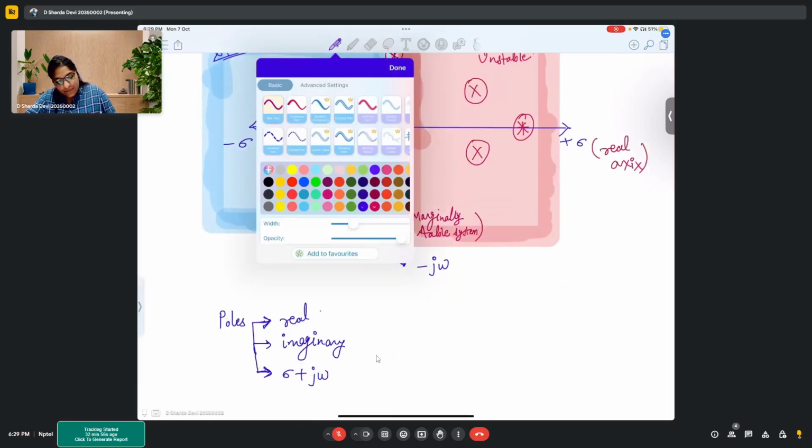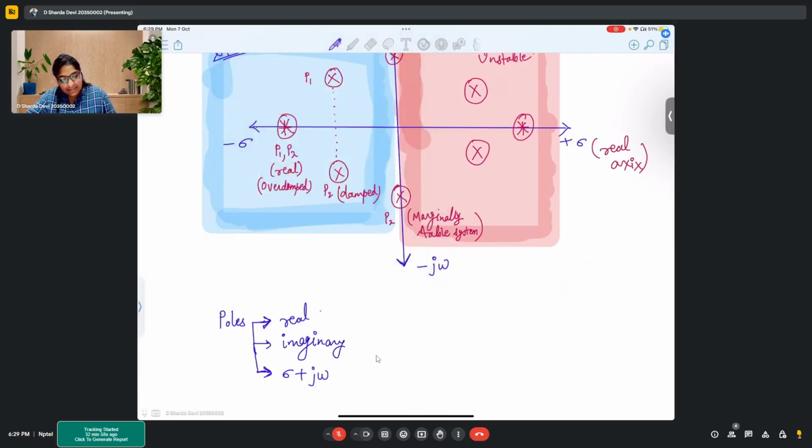Okay. So now when we talk about this two-pole system, how will your transfer function T of S or H of S look like? It is somewhat like A over (S minus P1)(S minus P2).